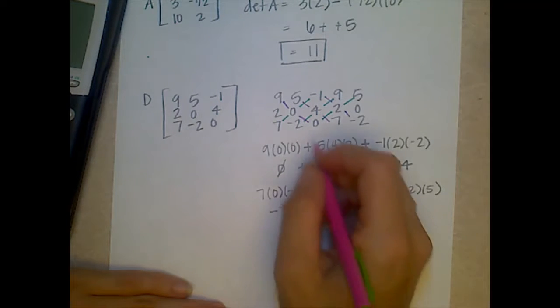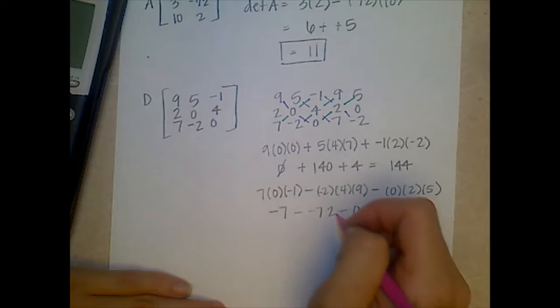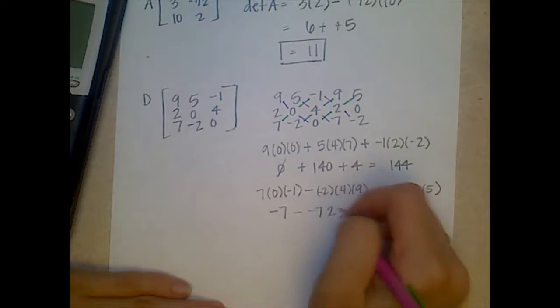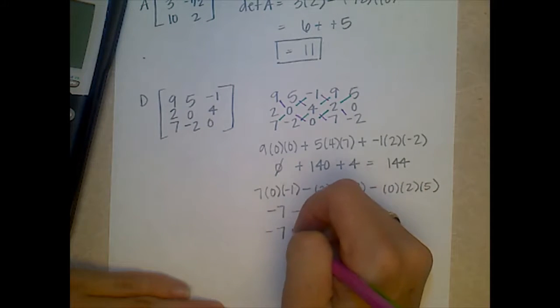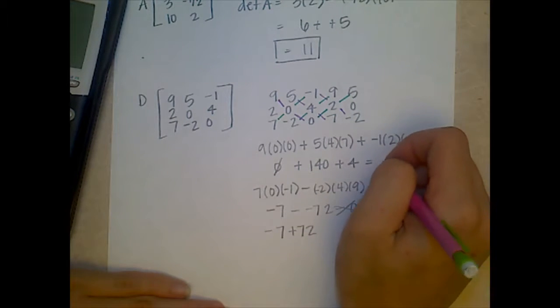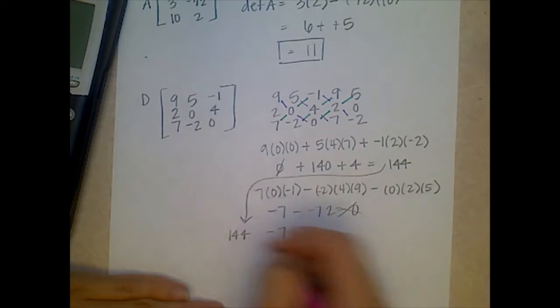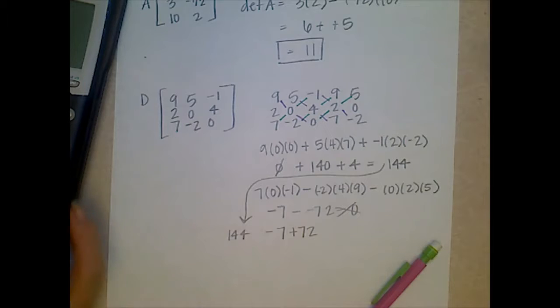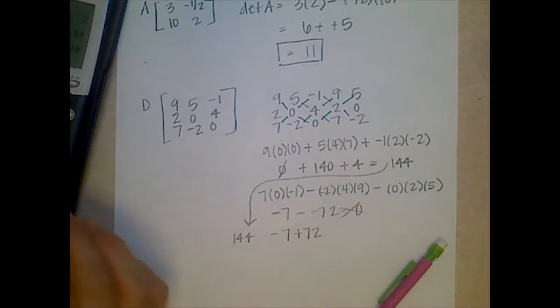So this whole thing is minus 7 minus a -72. The 0 goes away. We don't pay attention to those. So minus 7, subtracting a negative is just like adding, plus 72. Okay, so you're going to take this 144 that you got in the first step, use your calculator, 144 minus 7 plus 72.